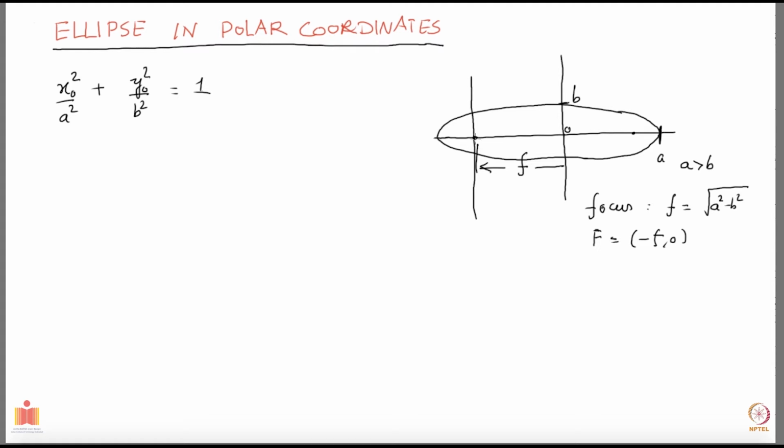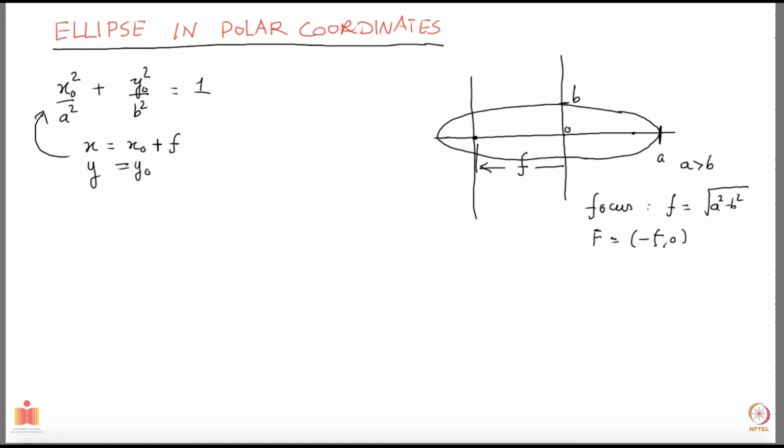So my new origin is here at the focus, which means you should shift the x-axis to the new x according to this relation. You can see that when x0 is minus f, your new x is 0, which is correct. So your origin is here now. To get the equation in polar form, all you have to do is substitute this in here and then use the polar transformation.